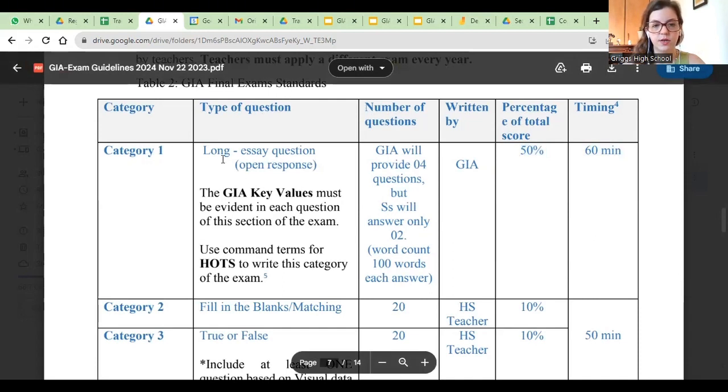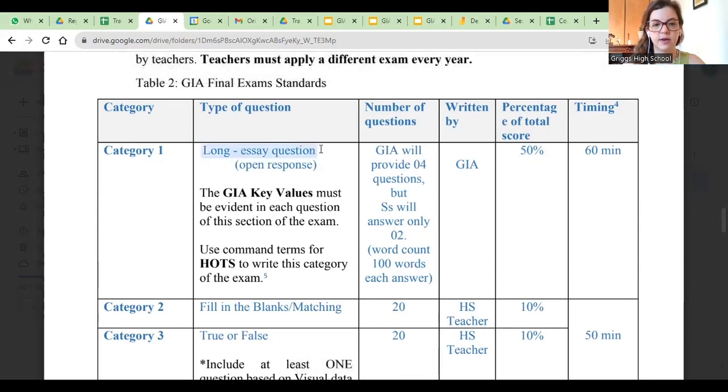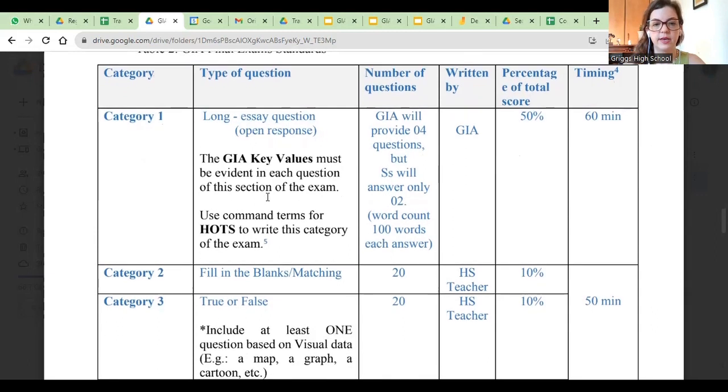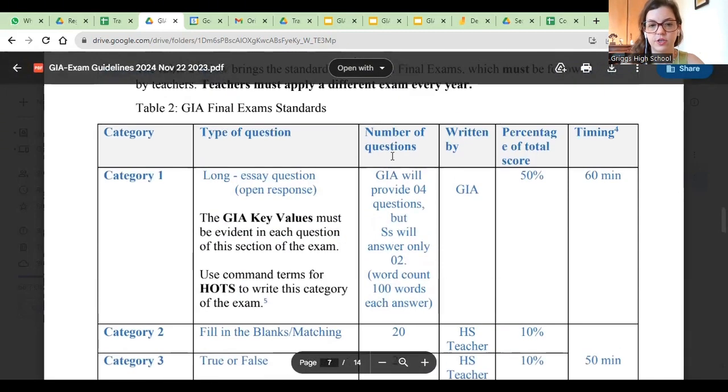Category 1 is the long essay questions, which is open response, and the students must include the GIA key values in their answers, okay? These questions use the command terms for HOT, so higher order thinking skills, complex commands that the students have to follow. Who writes these questions?